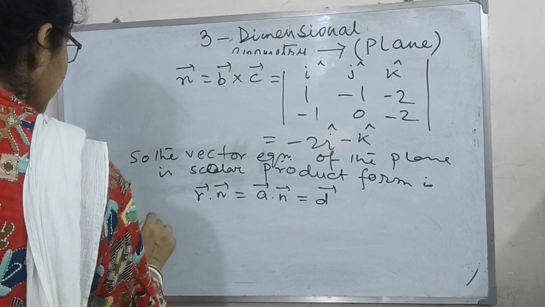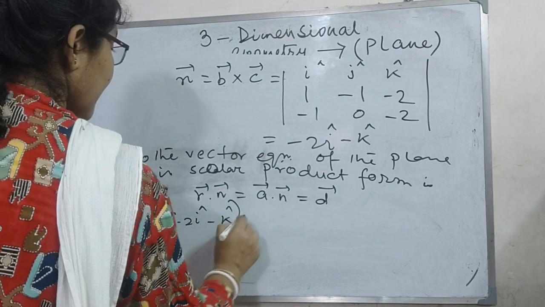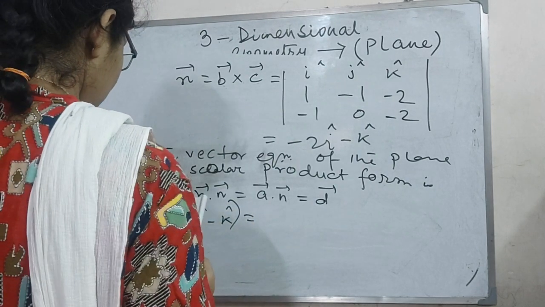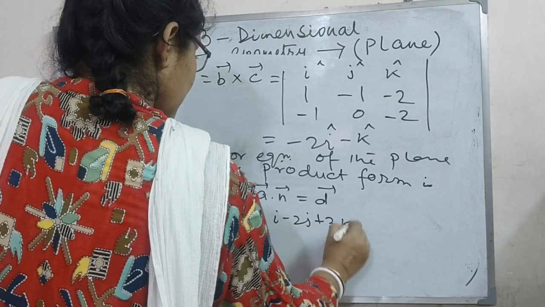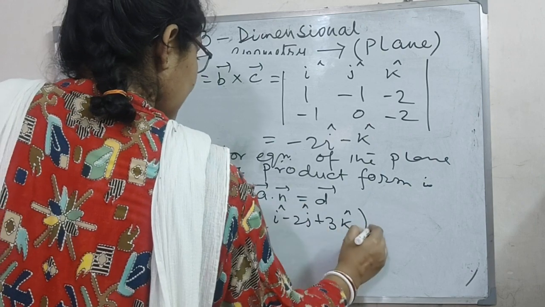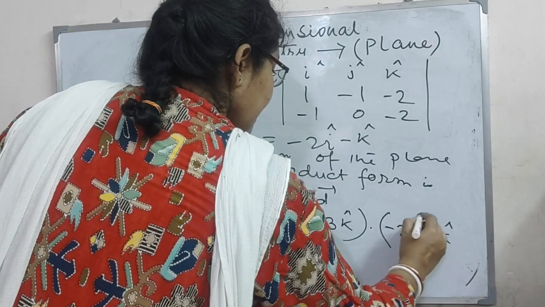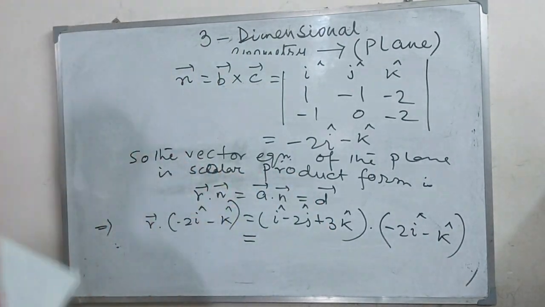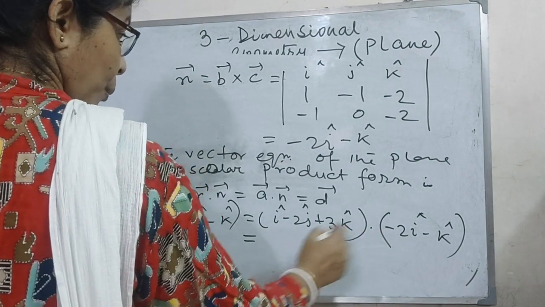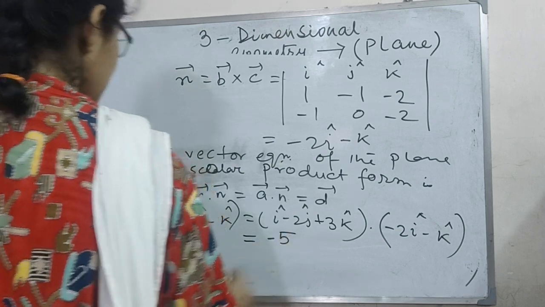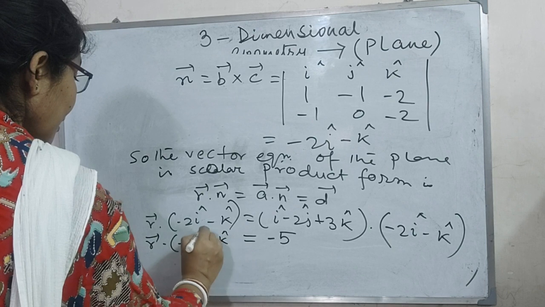From here I can write r dot n, and a equal to i minus 2j plus 3k, dot (minus 2i minus k), this is equal to minus 2 minus 3, that is equal to minus 5, and r dot (minus 2i minus k).